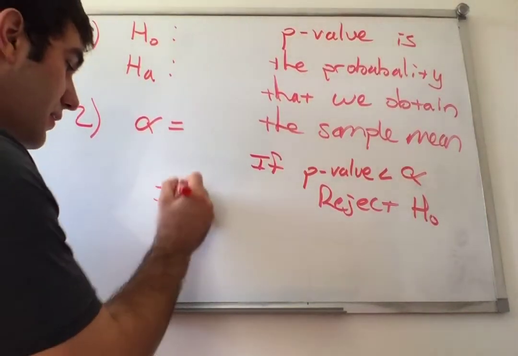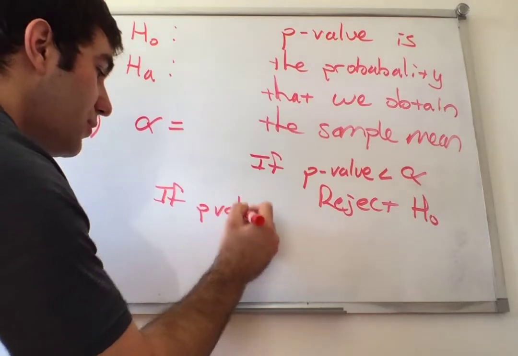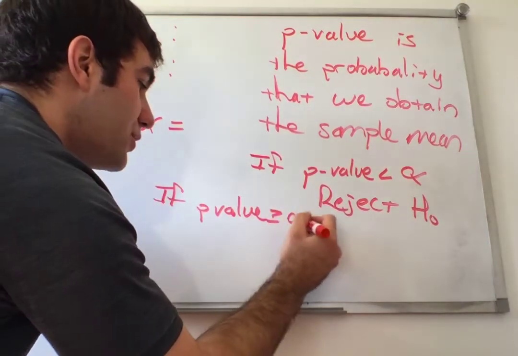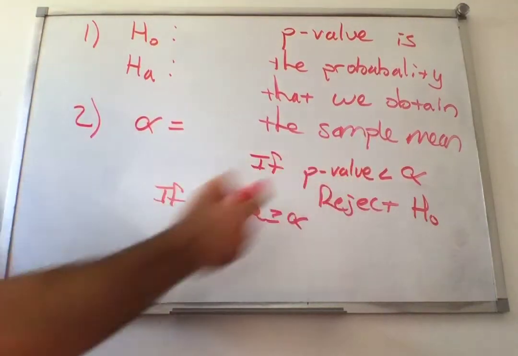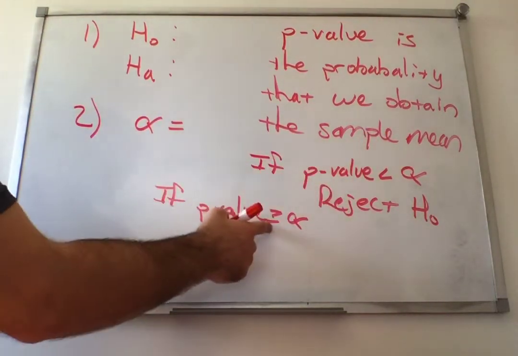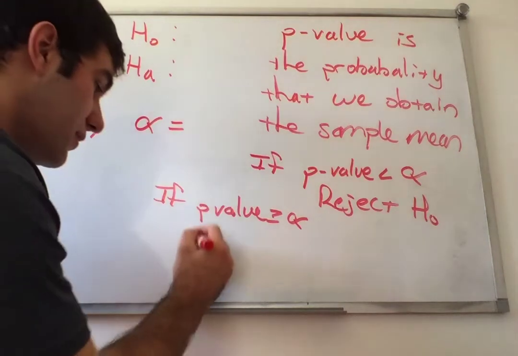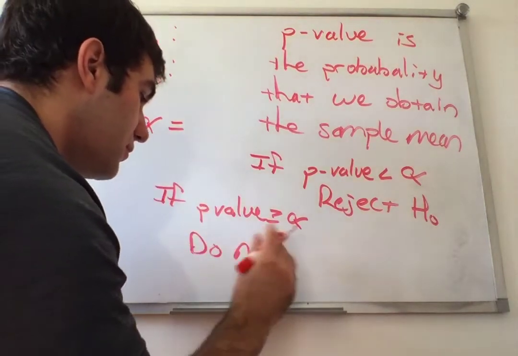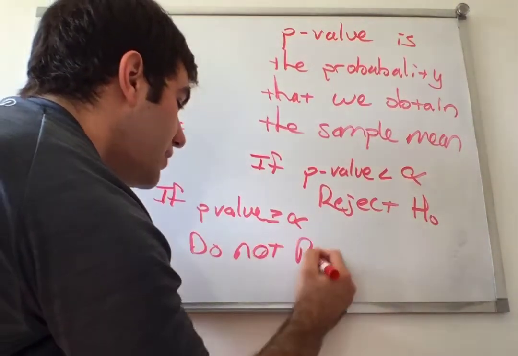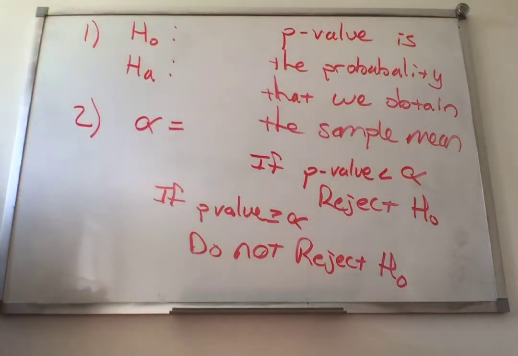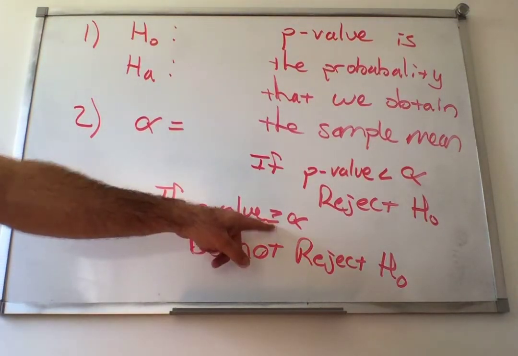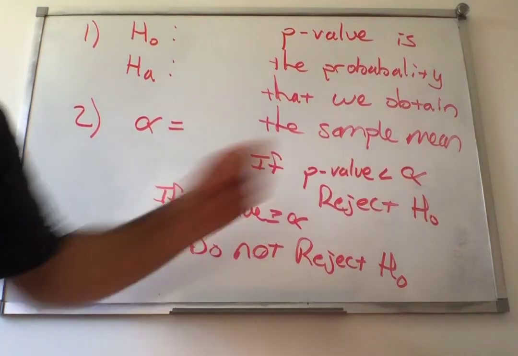Now, if the p-value is less than alpha, you reject. If the p-value is greater than or equal to alpha, do not reject the null hypothesis. Okay? Rarely is it ever equal to. It's usually either greater than or just less than.